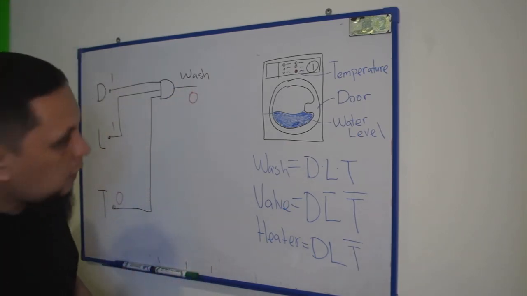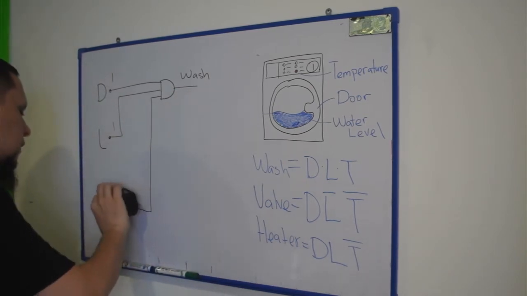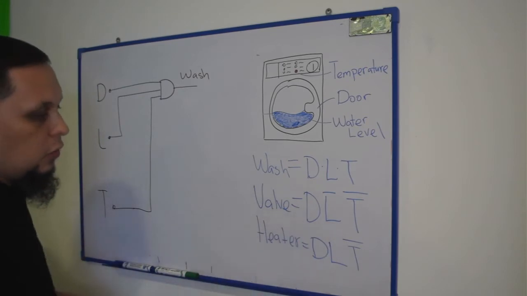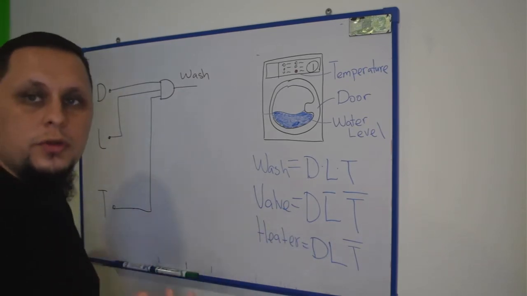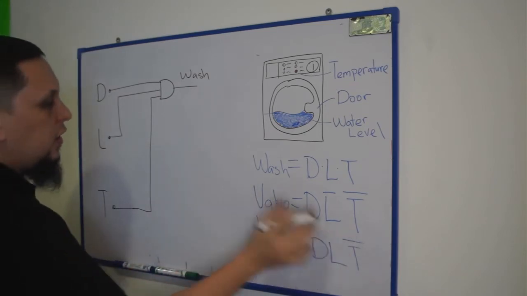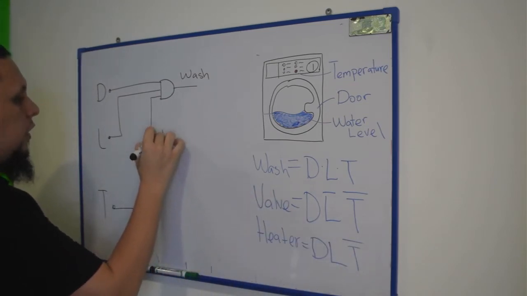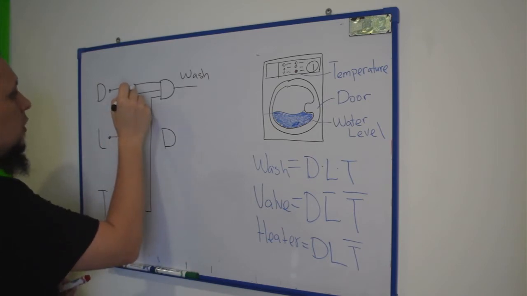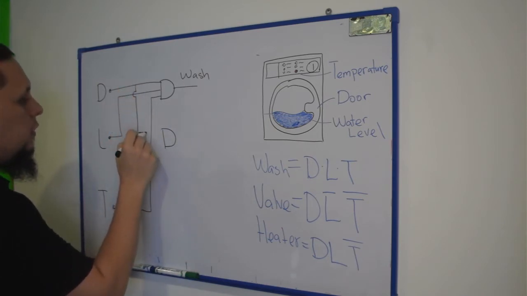Okay, now let's create the circuit for the second output. The second output is a valve, for when we want to fill up the water. Again, we have the AND gate, so one AND gate with three inputs. The first one is D again, so we connect D here.